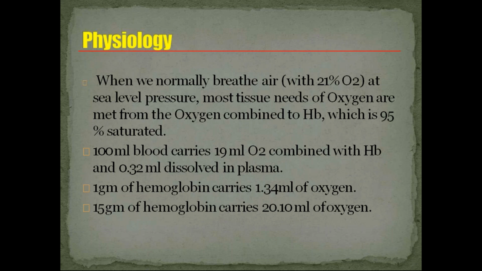Most tissue needs of oxygen are met from the oxygen combined to hemoglobin, which is 95% saturated. So 100 ml of blood carries 19 ml of oxygen combined with hemoglobin and 0.32 ml dissolved in plasma. 1 gram of hemoglobin carries 1.34 ml of oxygen, whereas 15 grams carries 20 ml of oxygen. 15 grams of hemoglobin is normal for an adult male.